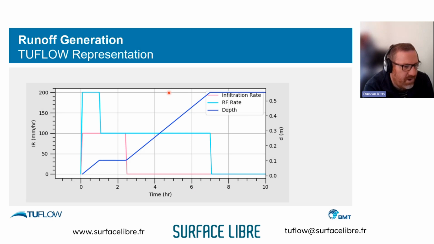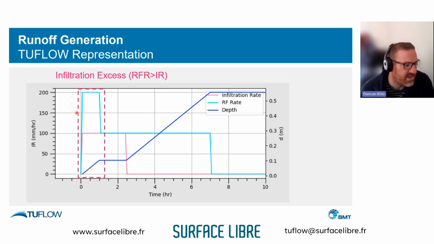So we can plot up the rainfall rate, and we can plot up the infiltration rate. We've got the rainfall rate in blue here, the infiltration rate in pink, and then the flow depth on this particular cell. In this instance, the flow depth is essentially a proxy for runoff generation. Here our rainfall rate is greater than our infiltration rate, and we have the flow depth increasing, so that's runoff being generated, and that's what we call infiltration excess.